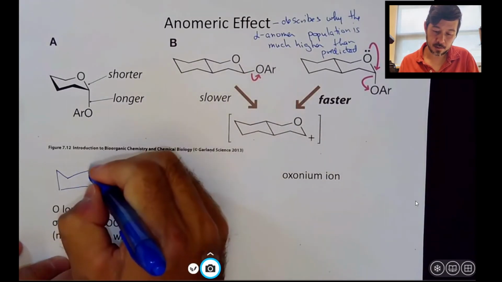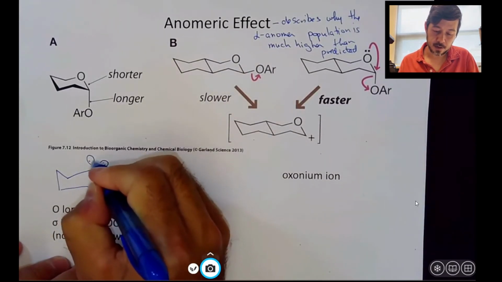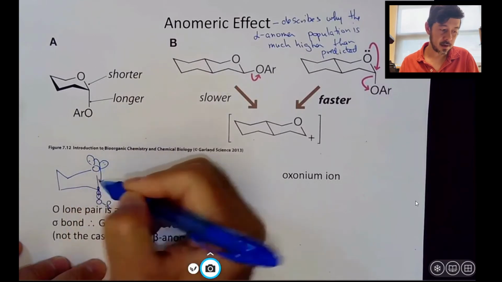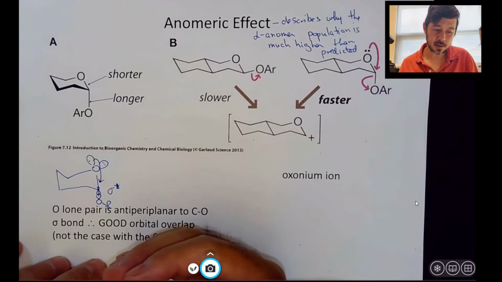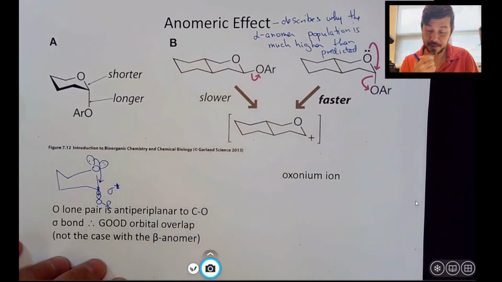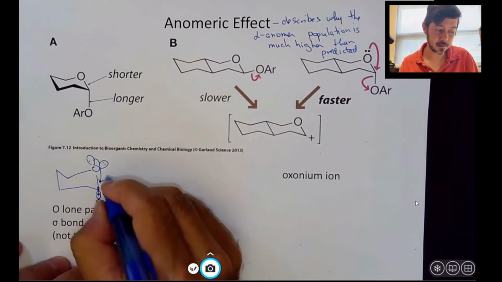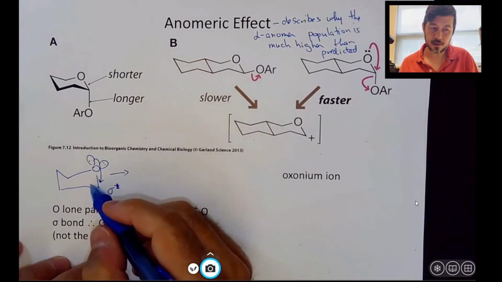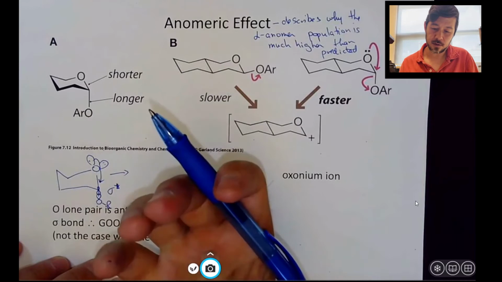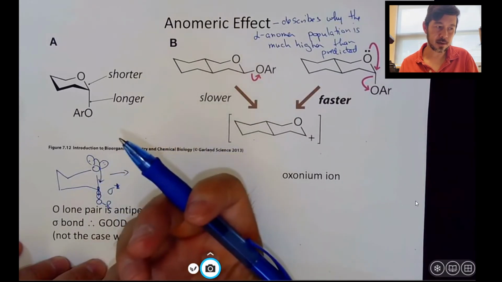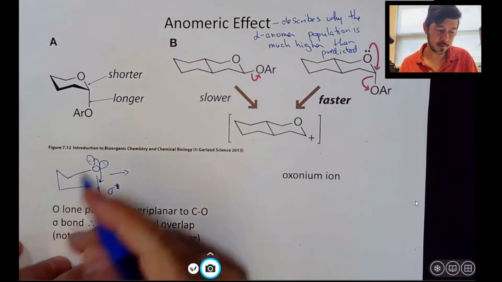What is postulated to happen is that you get stabilization of that carbon-oxygen sigma star bond from the p electrons on the oxygen. So it's almost like double bond character, because you can get donation into here, that will shorten that bond a little bit and make it a little more stable.